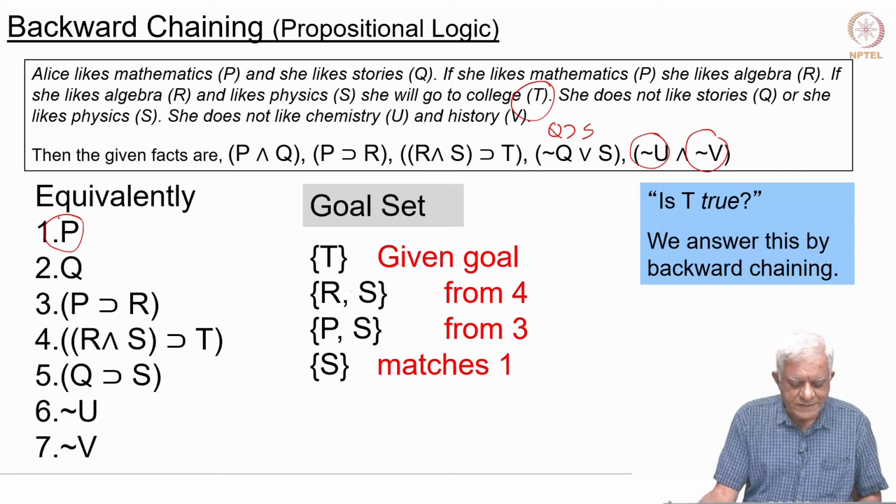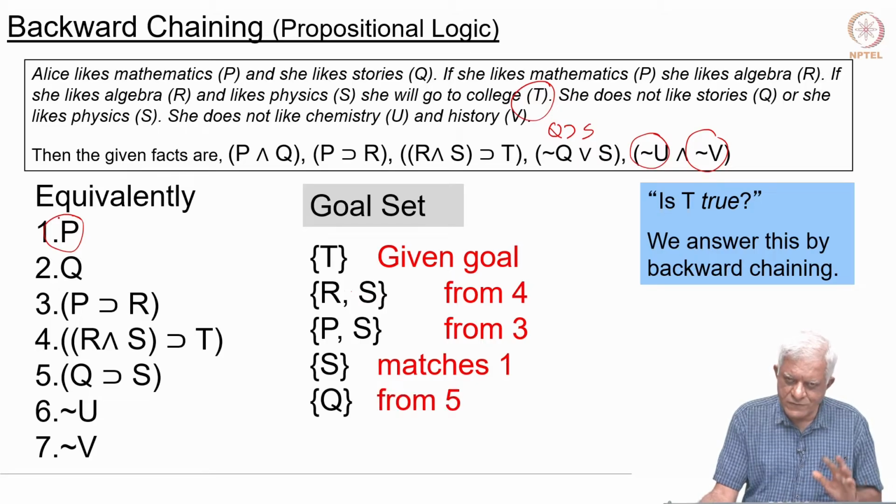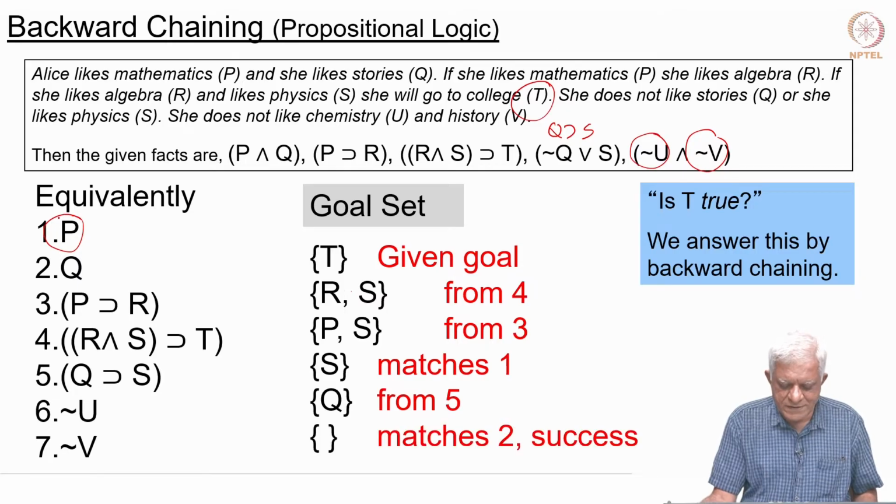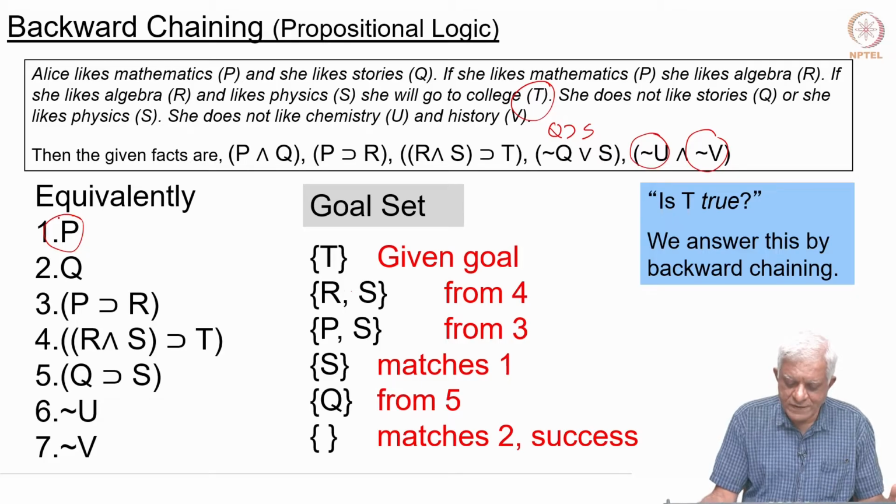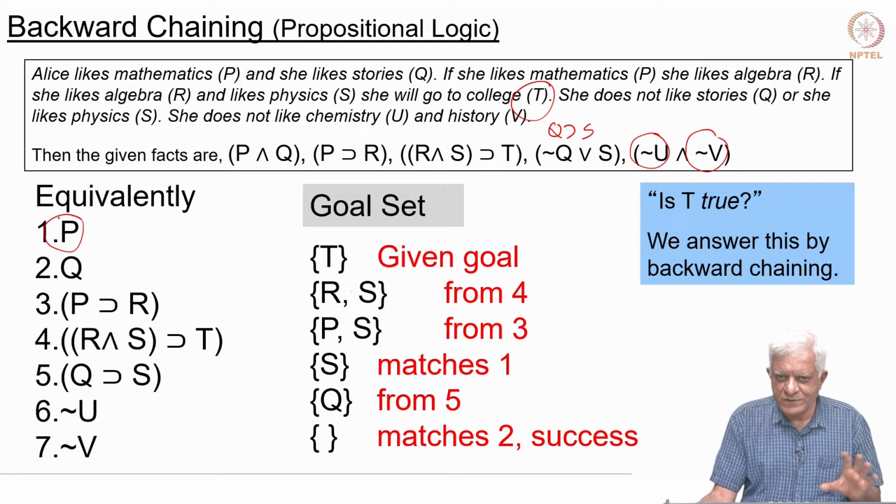That leaves us with S. Now, we can backward chain over statement number 5, which says Q implies S, and say that instead of showing S, show whether Q is true, and luckily for us Q has been given to us as a fact essentially. So, we are left with the empty goal set, and we can terminate at that point. So, this is how we operate here.